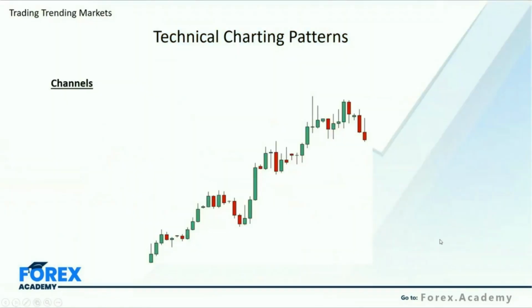Perhaps one of the most common uses of technical analysis lends itself to identifying channels within the market. Certainly one of the most common and practical technical charting patterns that you can identify. It's simply done by the use of two diagonal lines, either to the upside or downside, confirming or disconfirming bullish trend channels or bearish trend channels.